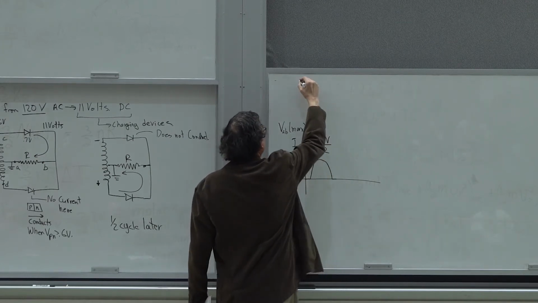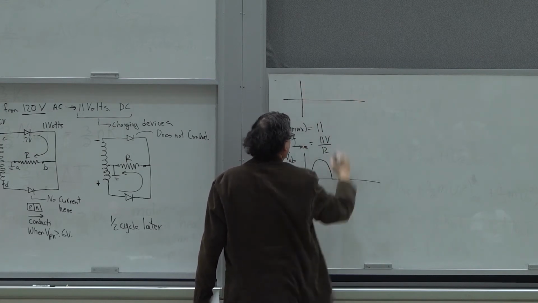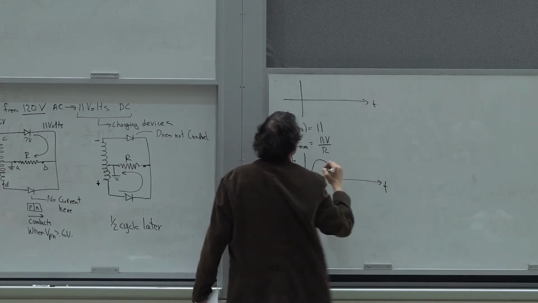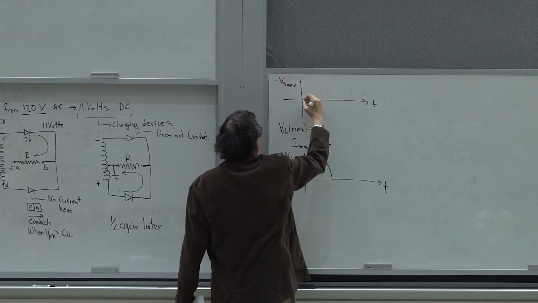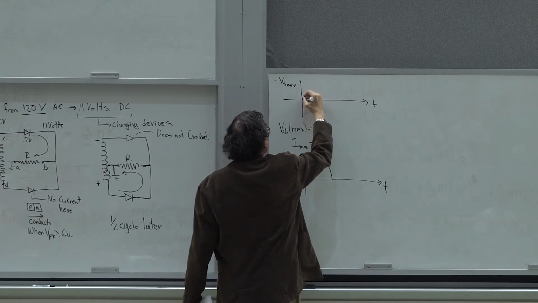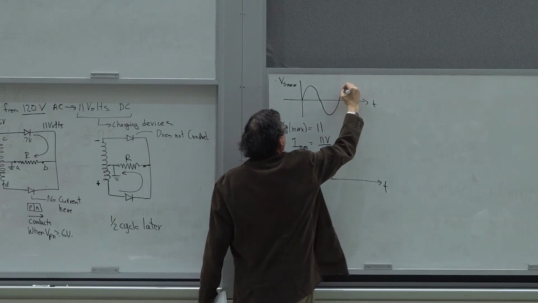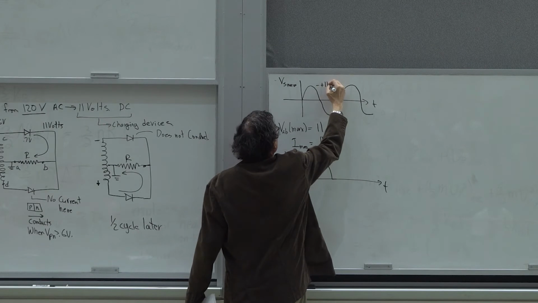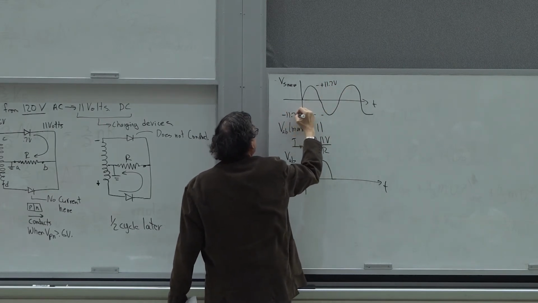Maybe I need to put another sine wave up here, because there's a reference going on here. So if I draw these in time, this is time for the two plots, and this is the V from the source. The source is oscillating up and down between plus 11.7 volts and minus 11.7 volts.